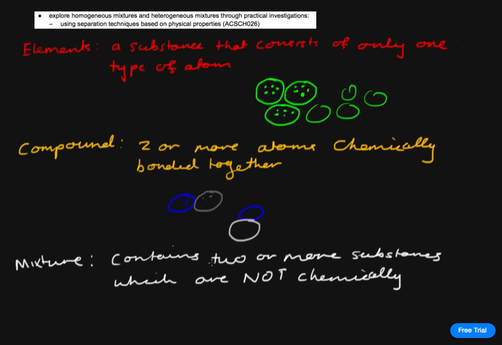And what do we mean by chemically bonded? I'm sure we'll come to this in more detail a little bit down the track. But essentially, when we have a chemical bond, these atoms are sharing some electrons. They are very close to one another, and they don't want to be separated. Whereas a mixture, when it's not chemically bonded, you can pick it up with your hands and pull it apart. That's the simple version at this stage: which are not chemically bonded together.